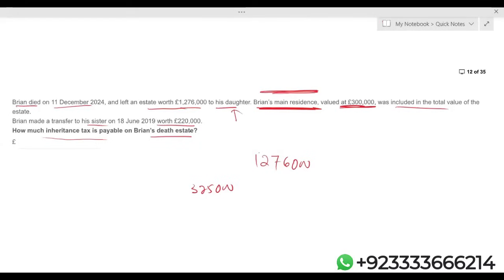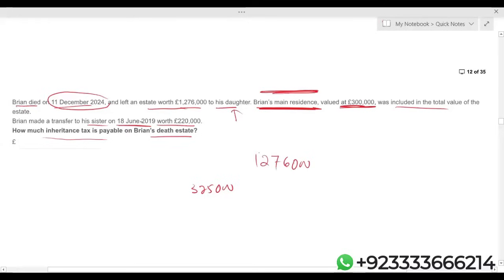Second, we have to count the time period from the death. If you go back from 11 December 2024, you will see within 7 years from the death, Brian made a transfer to his sister. We know that when you made a transfer to your sister during lifetime, 220 was paid.